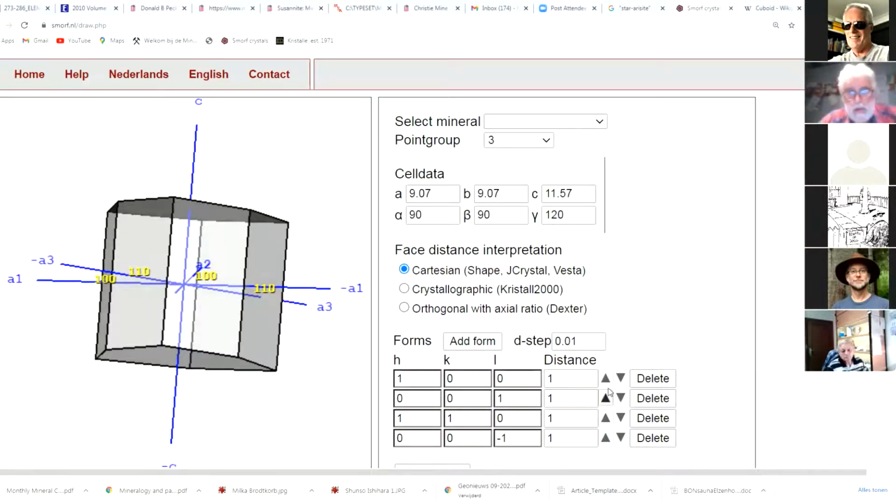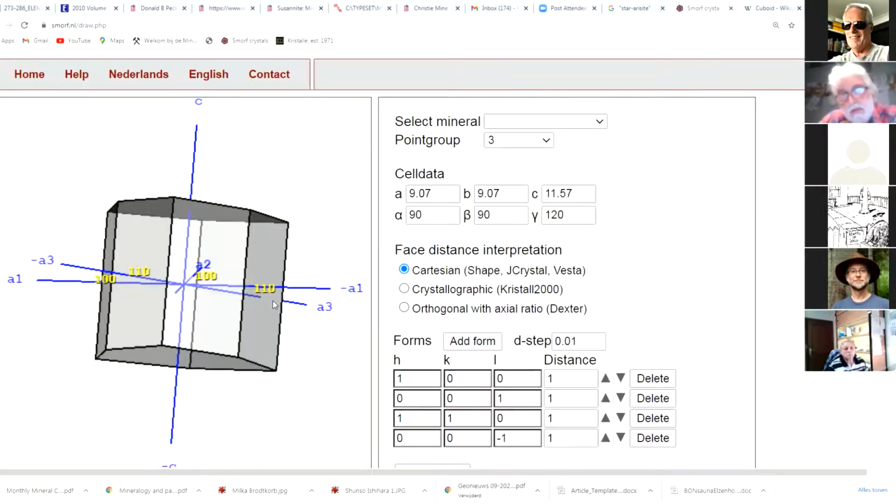So if you increase or lower the distance, it will do so for all the faces that belong to the same form. Whereas with Crystal Shaper, you can do it for just one face, which gives you more freedom to draw a crystal that looks more like a real crystal.